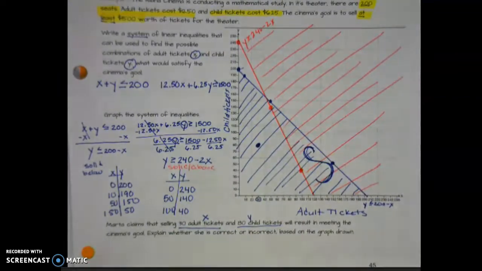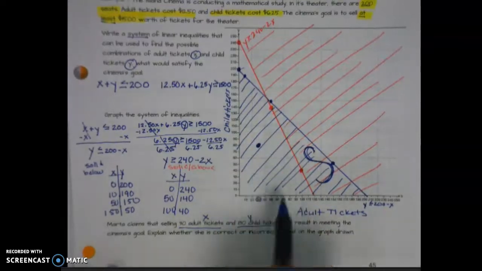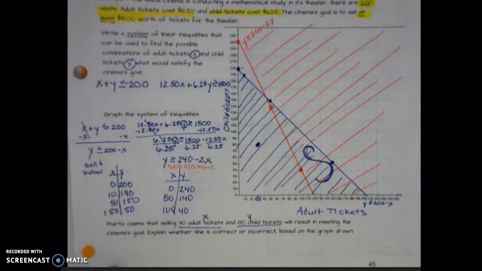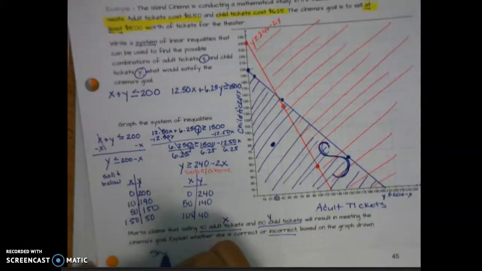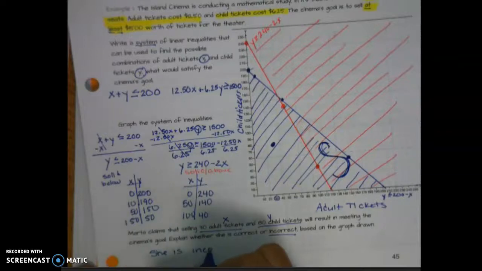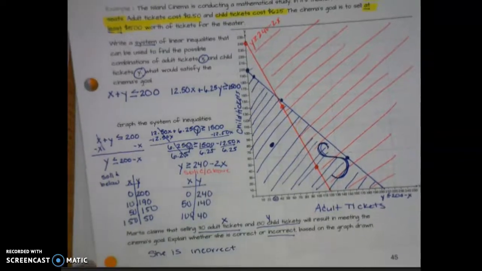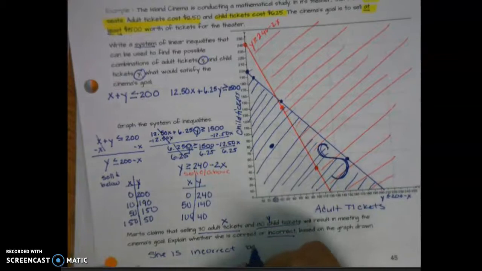So 30, 80 is this point right here. Is that a solution? Is it in the double shaded region? No, it's in the blue shaded region, but it's not in the red shaded region. So she is incorrect because it is not in the double shaded region.